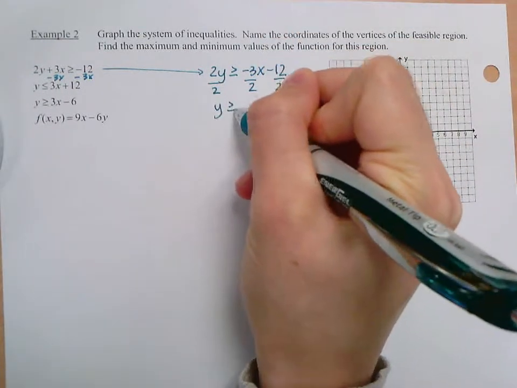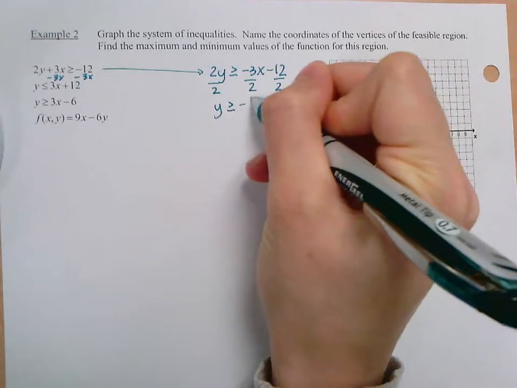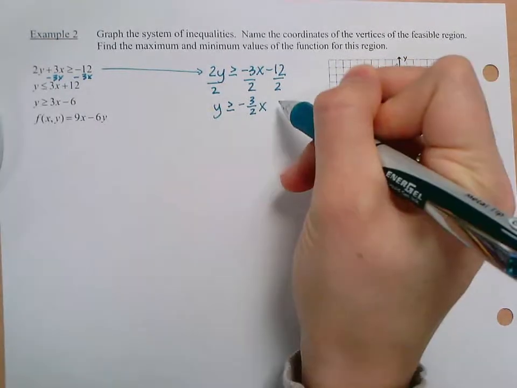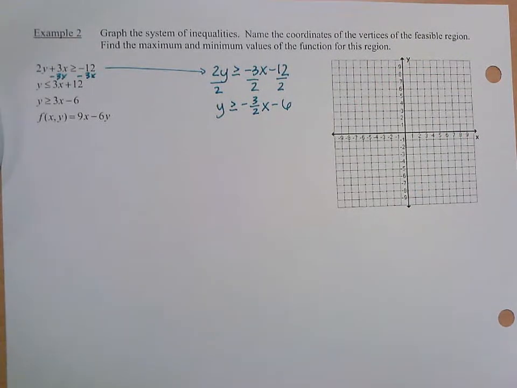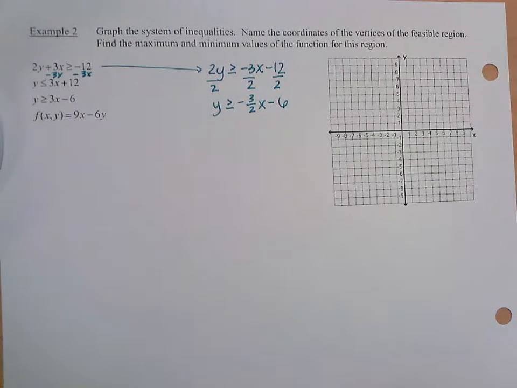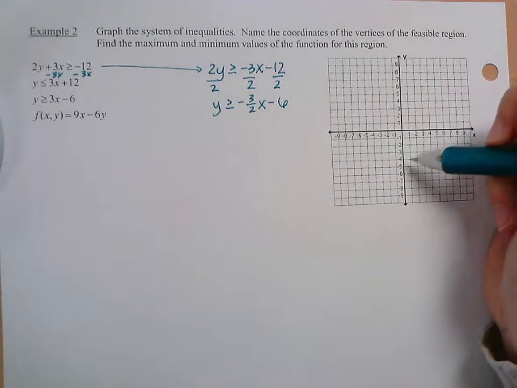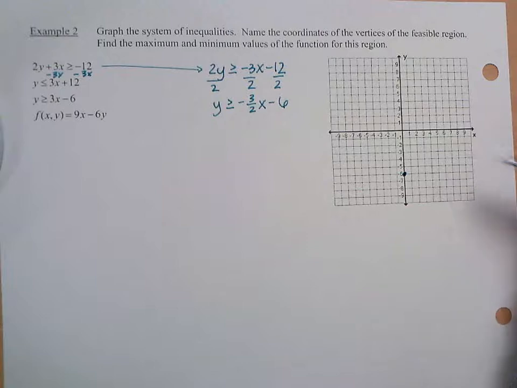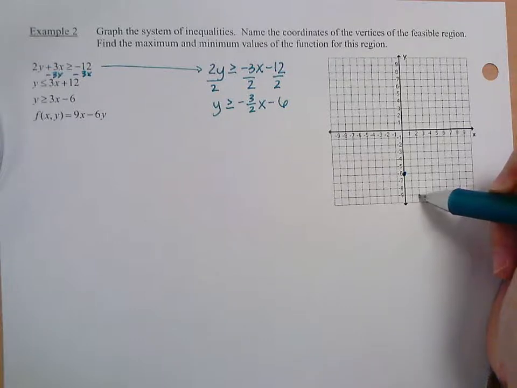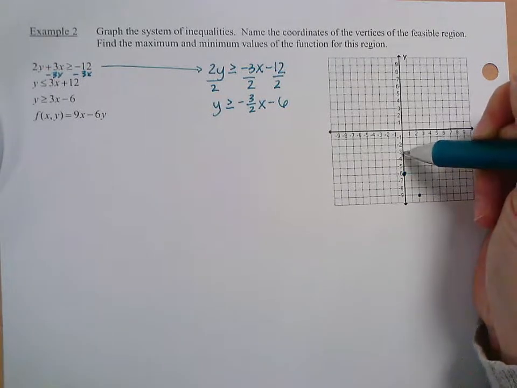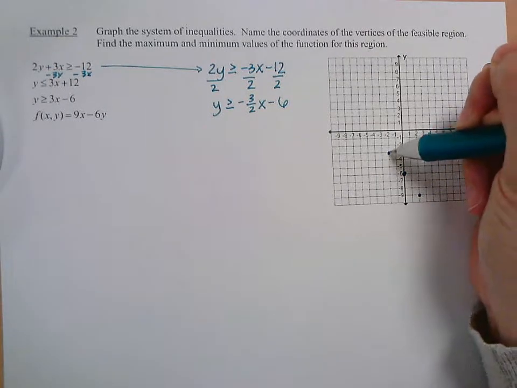So y is greater than or equal to -3/2 x minus 6. So y-intercept is negative 6. And then slope is negative 3 over 2. So down 3, right 2, or up 3, left 2.